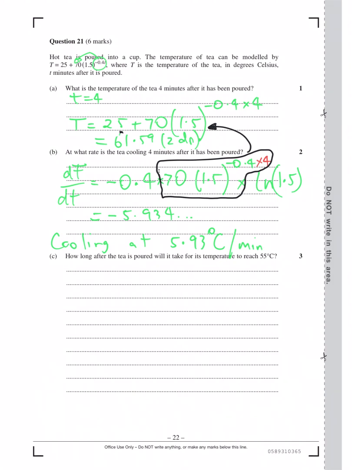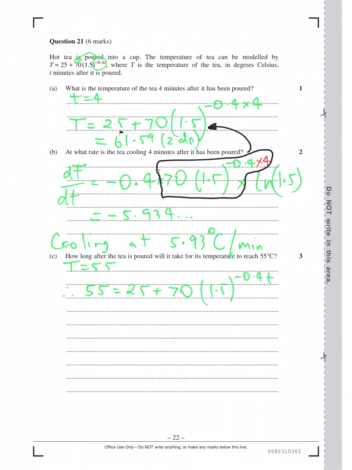Now, how long after the tea is poured will it take for it to reach 55 degrees? Well, now I know that capital T equals 55. So I'm going to therefore go and say that 55 is equal to 25 plus 70 times 1.5 to the negative 0.4t. This time I'm trying to find that lowercase t.